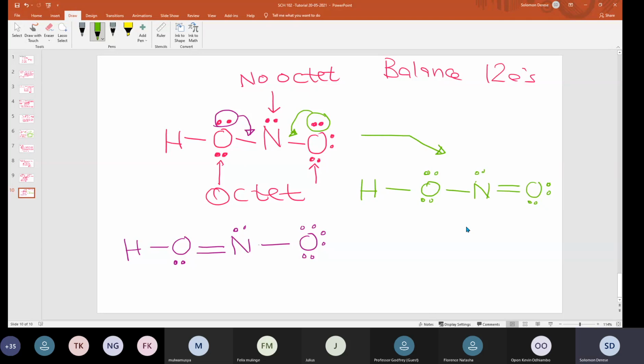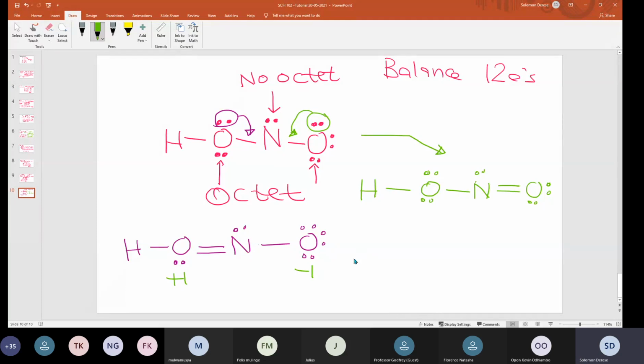Which one is the correct one? We have to investigate. If you investigate, you will see on this one, this oxygen is +1, this oxygen is -1. We have a positively charged oxygen and a negatively charged oxygen. At the end of the day, the molecule is neutral. +1 - 1 is 0.